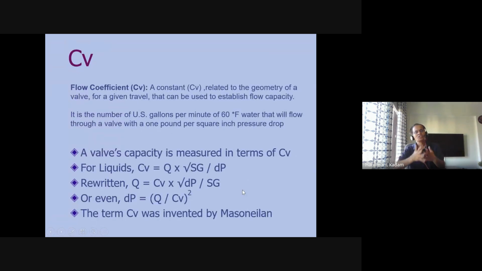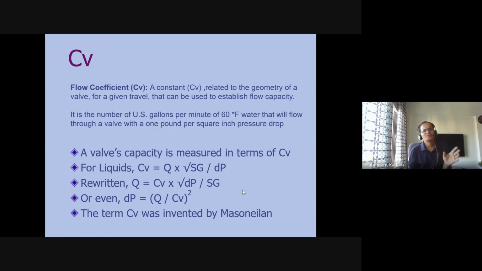Based on that, CV is a flow coefficient, a constant related to the geometry of a valve for a given travel that can be used to establish flow capacity. So CV is nothing but the flow capacity. It is the number of US gallons per minute of water at 60 degrees Fahrenheit that will flow through a valve with a 1 pound per square inch pressure drop.